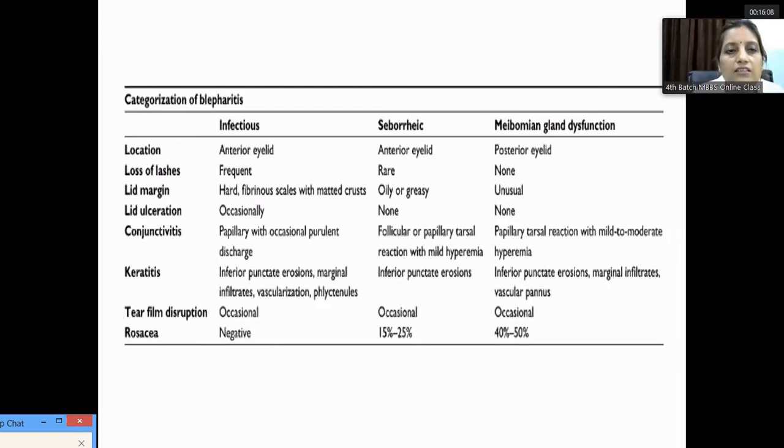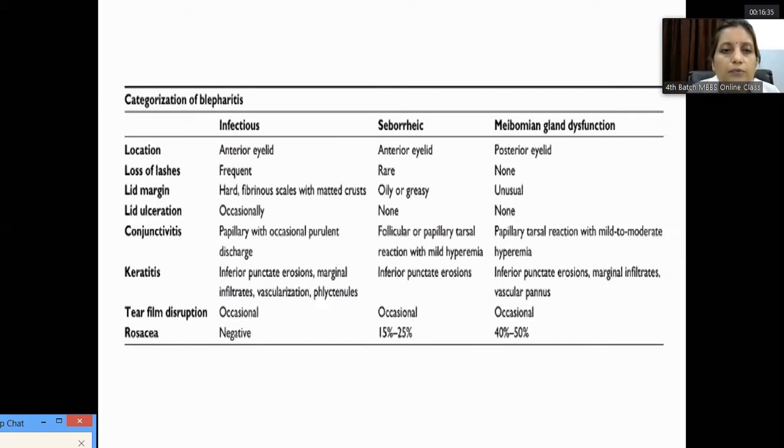The lid margin is hard in anterior, whereas in posterior blepharitis the lid margin is unusual. Lid ulcerations occur in the ulcerative type of blepharitis, whereas in posterior blepharitis there are no ulcerations. Conjunctivitis is of papillary type in anterior, whereas in posterior there are papillary tarsal reactions and mild to moderate conjunctivitis.